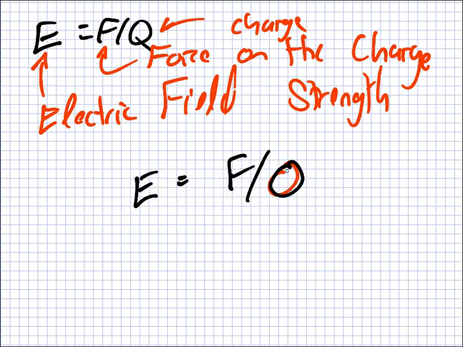So if the Q is halved, then the F must be halved as well, because the E is constant.